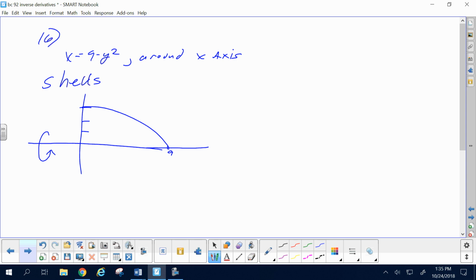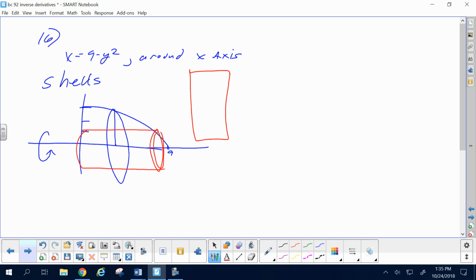If I'm going to use a shell, does that imply I have to use y or x? If they didn't say, this could be x. But they said use shell. The only way I'm going to get a shell out of this around the x-axis is if I use y.